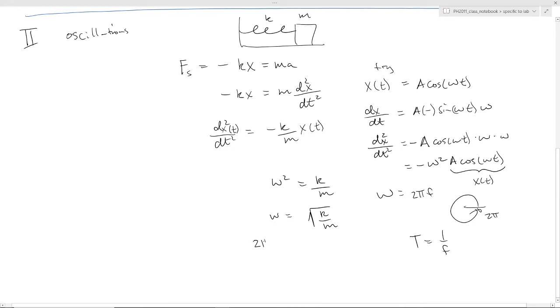So this would be 2 pi f equals root k over m. So in other words, the frequency would be 1 over 2 pi root k over m. And the period, which is 1 over the frequency, would be 2 pi root m over k. So this is our expression for the period.